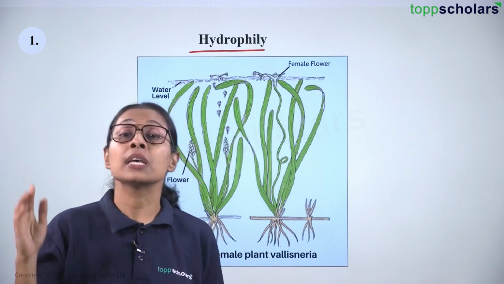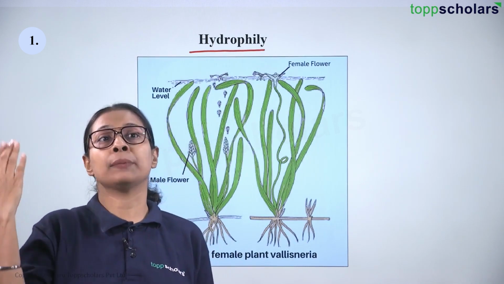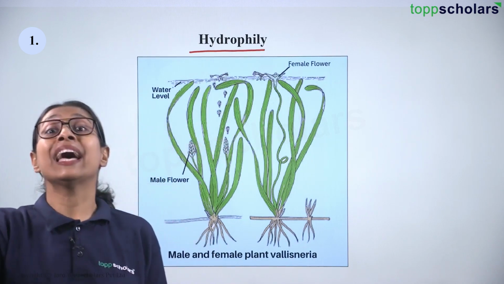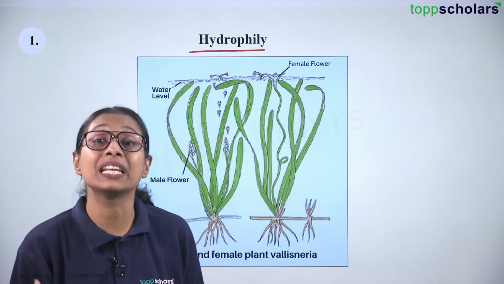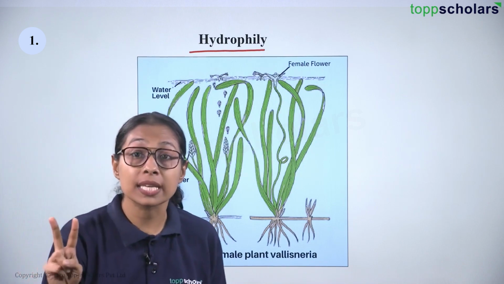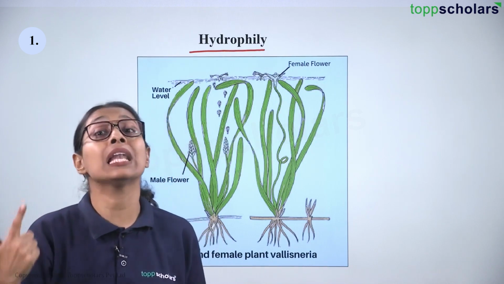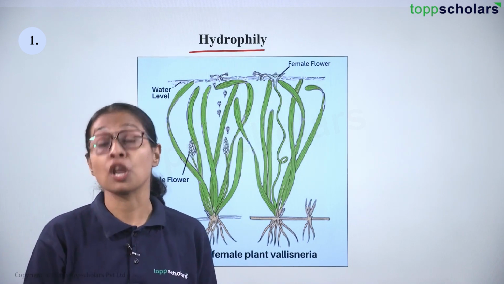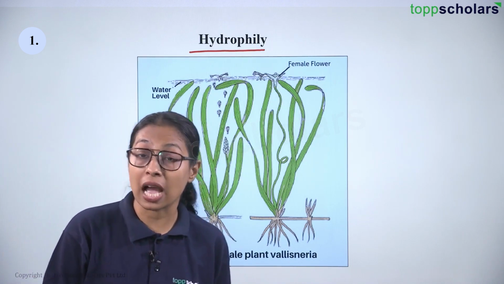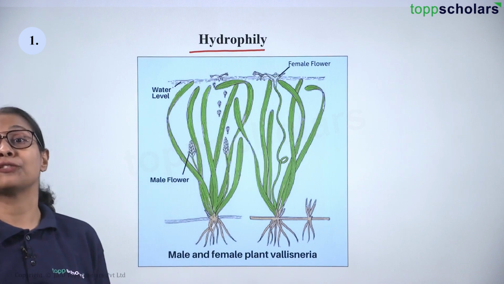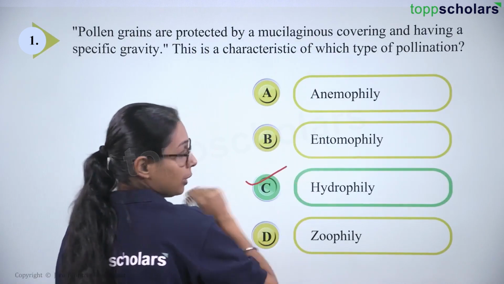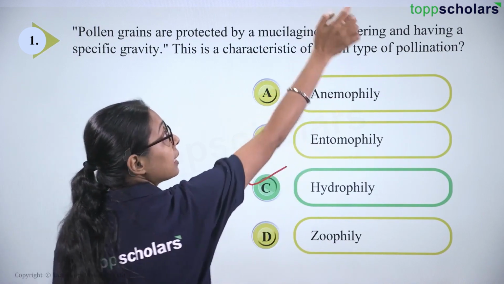In one case, the process happens on the surface of the water, and in another case it happens under the surface. In both cases, the specific gravity and the mucilaginous covering are really important. So I hope now you have got the answer. The correct answer for the question is hydrophily. I hope it is clear.